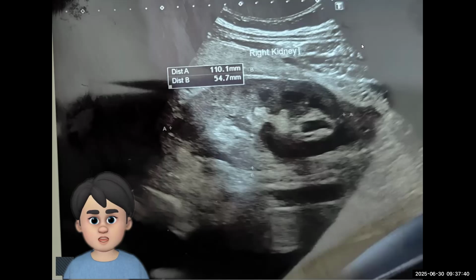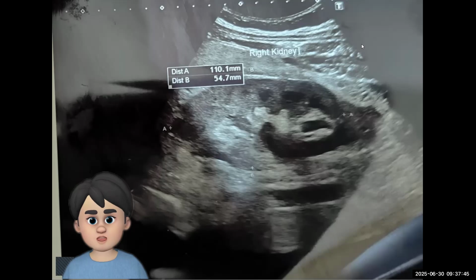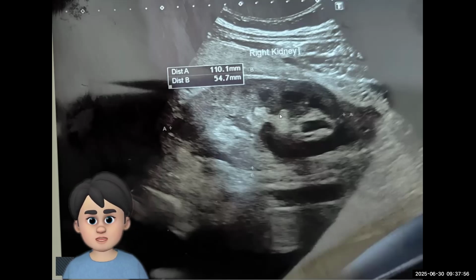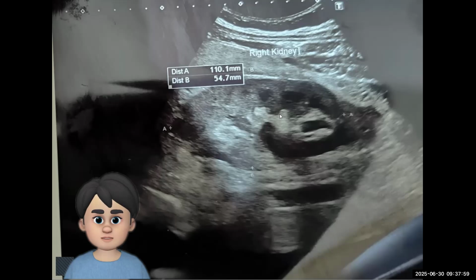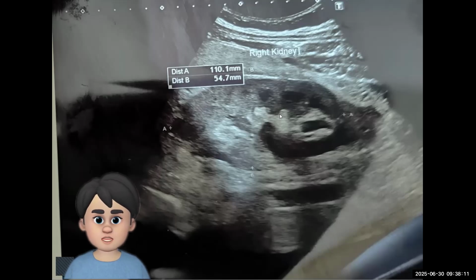You need to look at a normal kidney to understand the hydronephrotic kidney. Very simply, in hydronephrosis you can see the renal pelvis dilated, the calyces dilated, and the ureter can also be dilated.